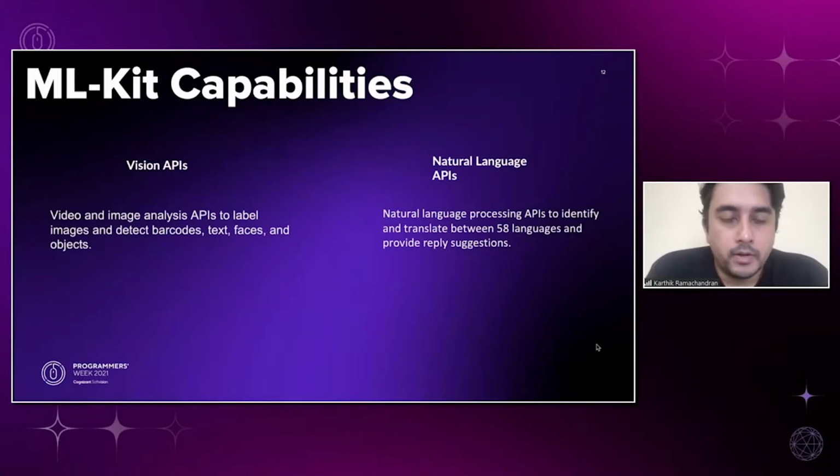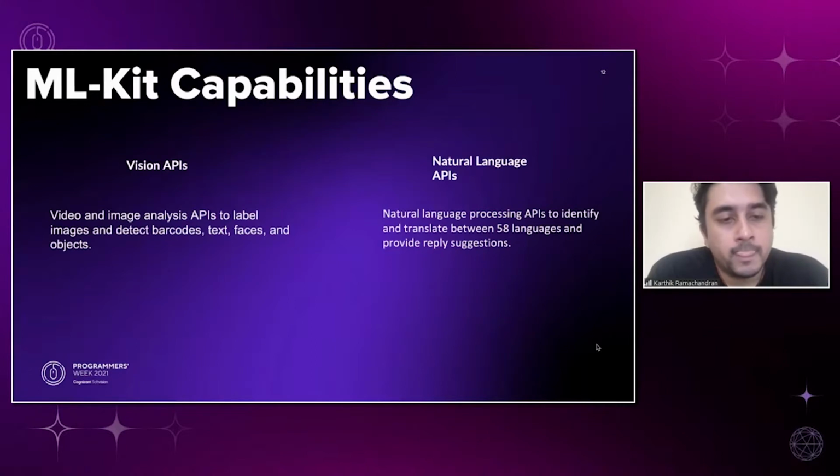ML Kit provides a bunch of APIs, which, like I said, are broadly classified into two: Vision APIs and Natural Language APIs. Under the vision APIs, there are things like barcode scanning, text recognition, and facial recognition, which I'll be talking about in a bit.